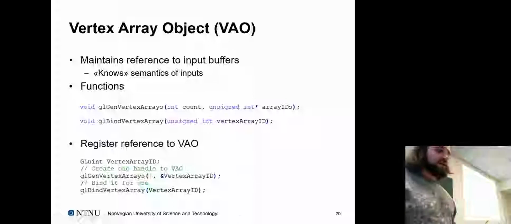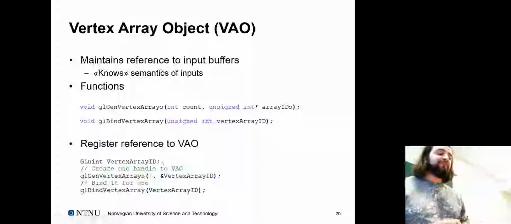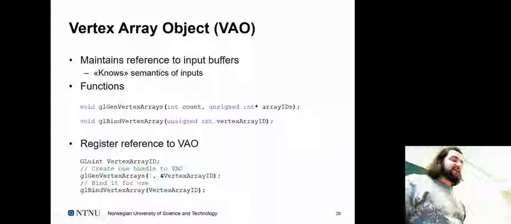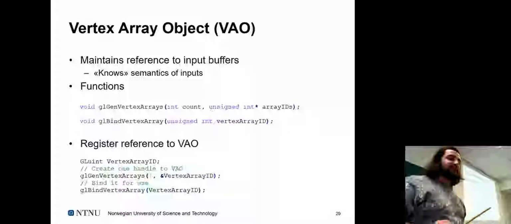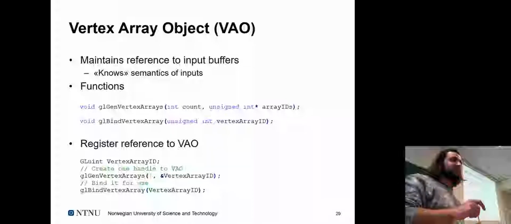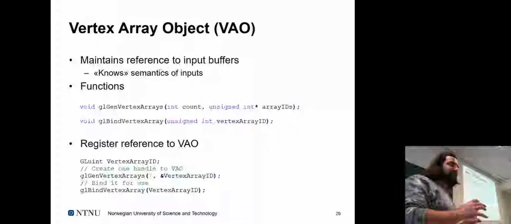So have a look at the bottom part of the slide. The GL unsigned integer data type vertex array ID, we just define the ID, and when we are generating a vertex array, we actually pass as a parameter a pointer to the location where its ID should be written. So it's our responsibility to allocate space for this array identifier.